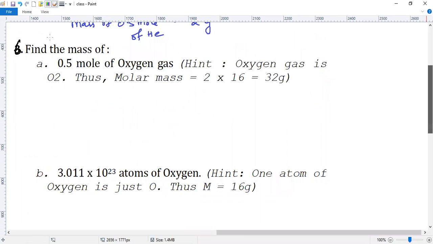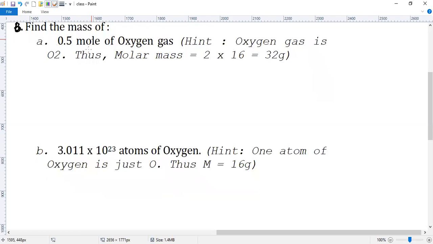What about the next question? Sixth one. Find the mass of 0.5 mole of oxygen gas. What is its mass? 16 g, ma'am. See, they have asked for 0.5 mole of oxygen gas. Oxygen gas, it's not about oxygen atom. Keep that in mind. Oxygen gas is O2.